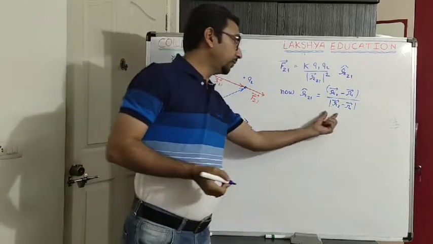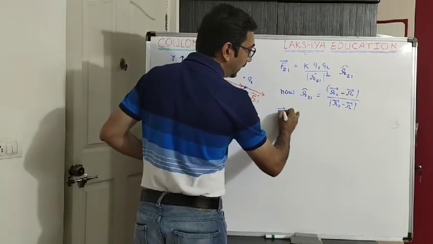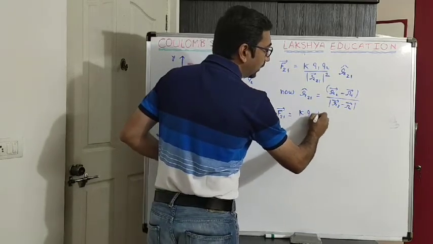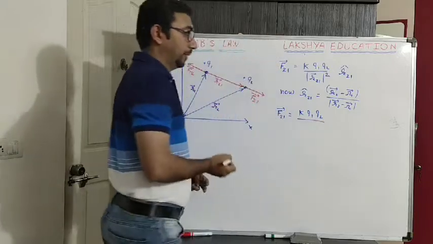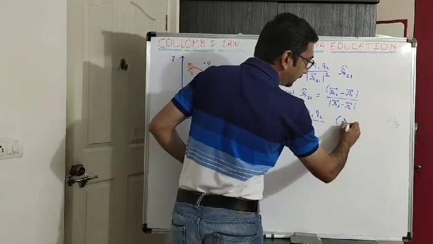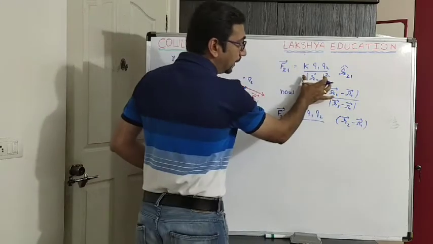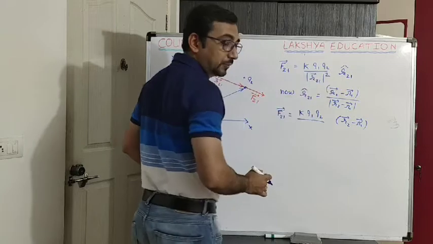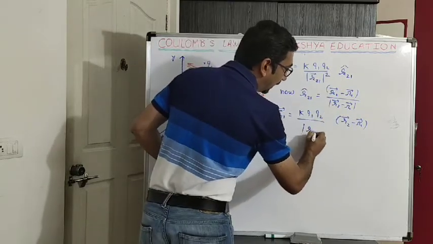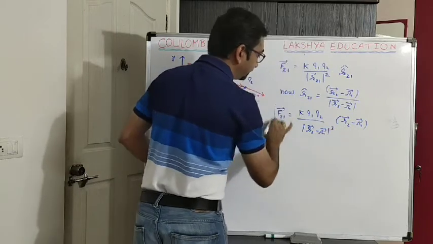So if we put this value over here, then the equation will become F21 vector is equal to K q1 q2 upon, now see, this will be multiplication, the r2 vector minus r1 vector. Here in the division it is already squared, and this will have one power, so total magnitude of r2 minus r1 cubed.